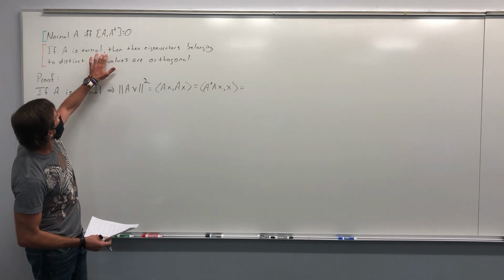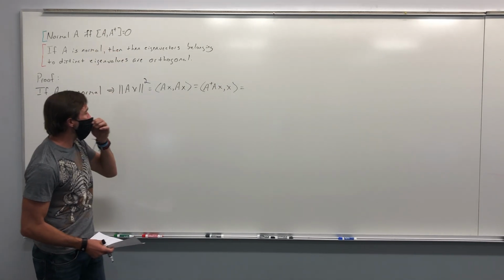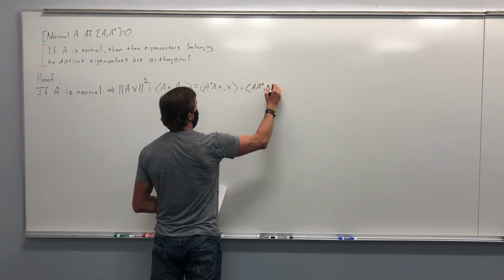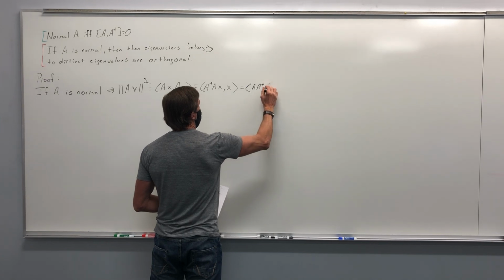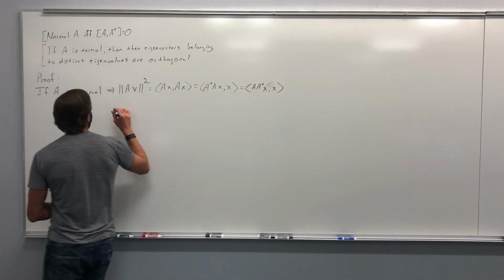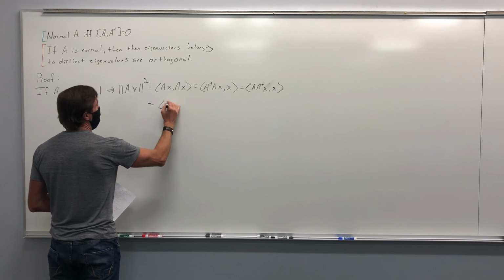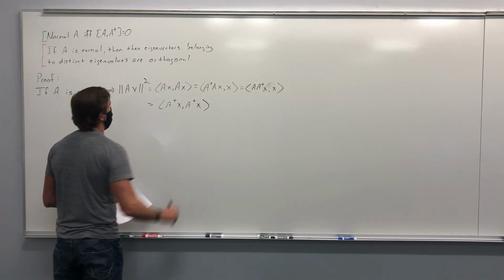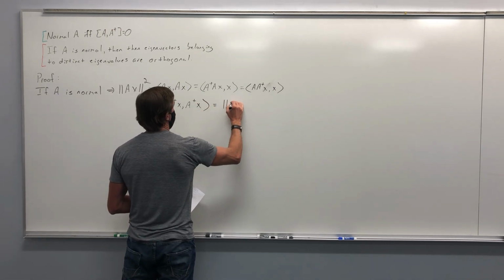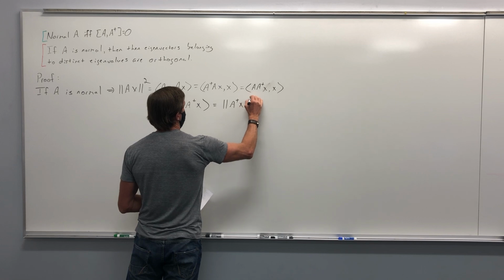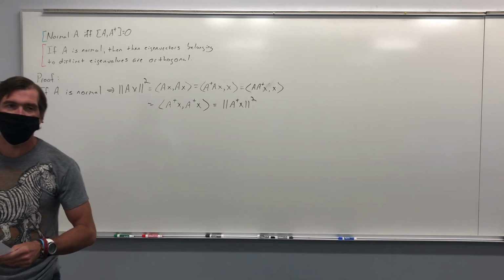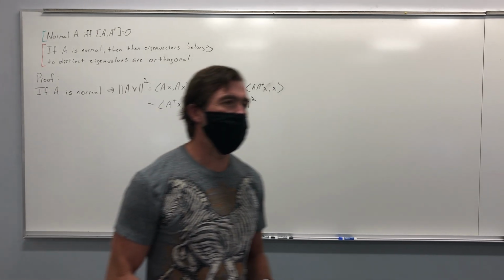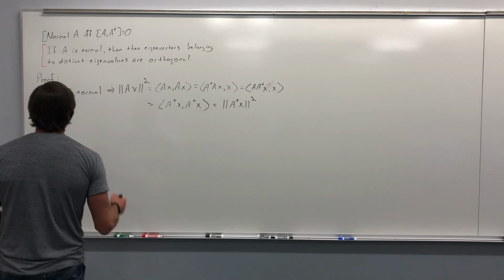But since it's a normal operator, we can commute the A dagger and the A. And then we can have this, which implies this. Isn't that awesome? Yeah, it doesn't seem to have any relevance to what we're trying to prove. But we'll use it in just a second.